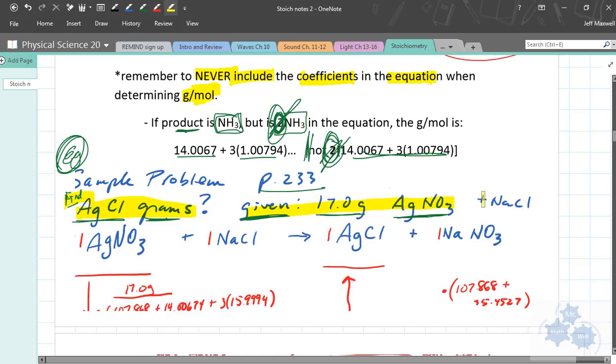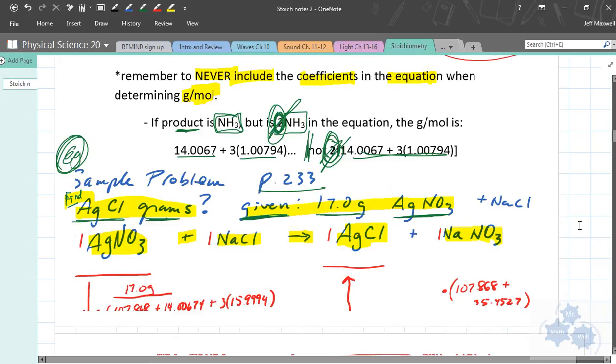So that's why I have plus NaCl. And here's the equation. You can write down this equation: AgNO3 plus NaCl produces AgCl plus NaNO3. So everything that I've highlighted, please write that down. I'll give you a second to do that, and then we'll continue.